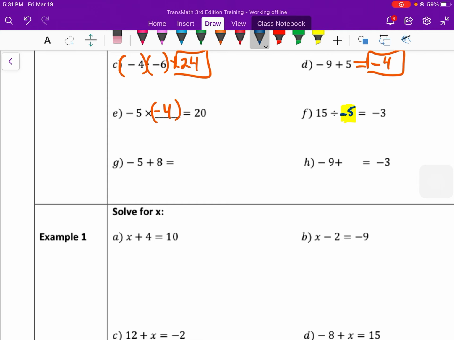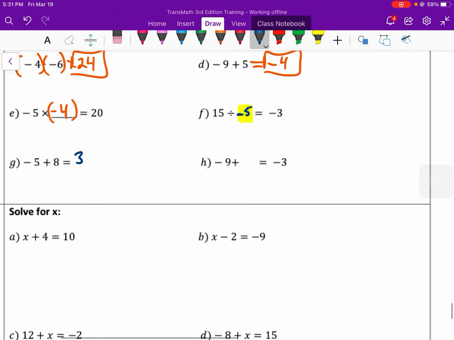These are mental operations. Again, the difference. Which one is bigger? 8, which is positive, so it's going to be positive, and the difference is 3. Let's check this one. So it could be where we're adding negatives, but this is going to be bigger, well, technically bigger if we look at a number line, -9.